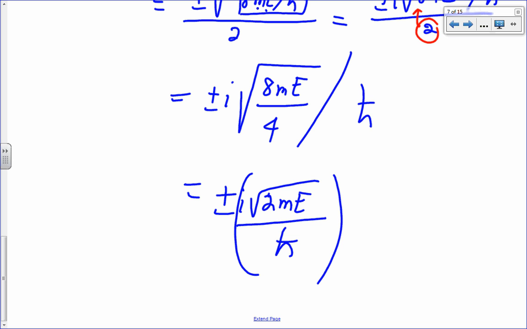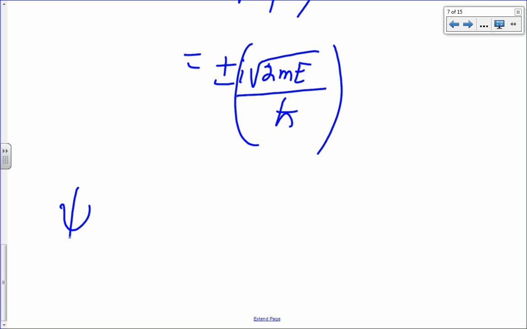So what is the general solution to the Schrodinger equation for a free particle? We say psi as a function of x is equal to some constant c1 e to the i kx, where k is this one, right?